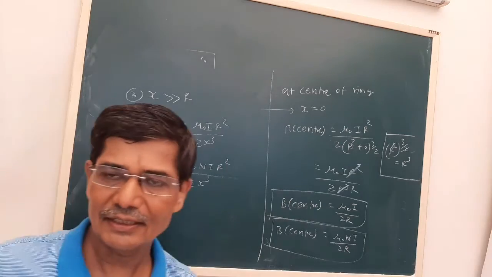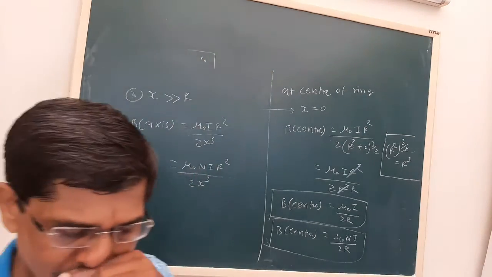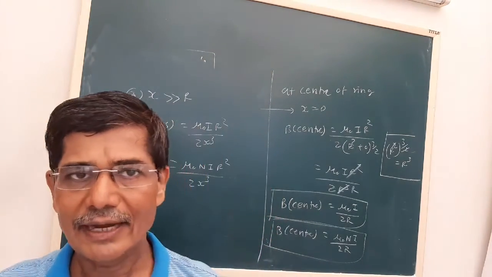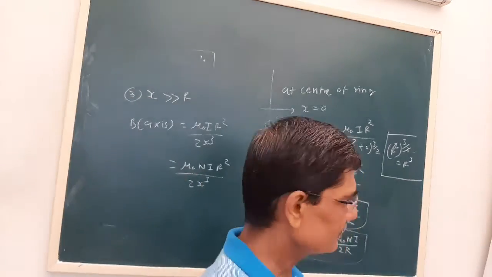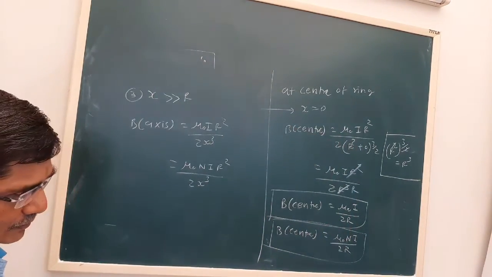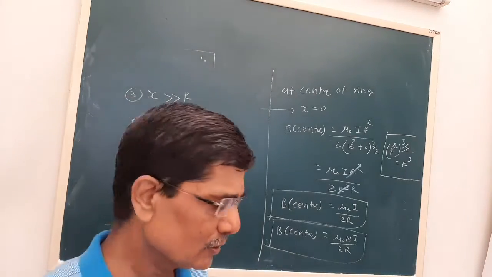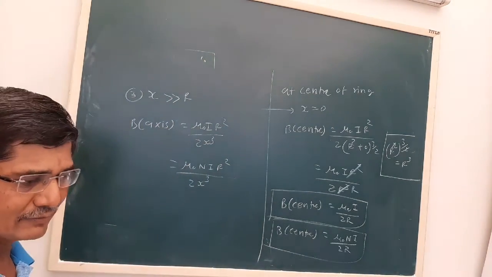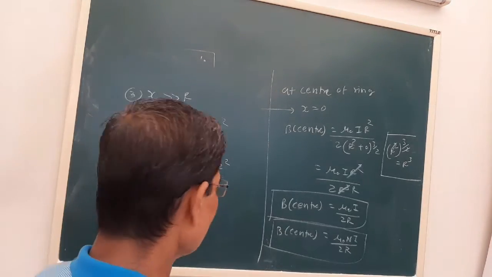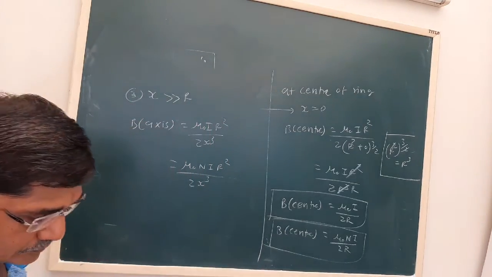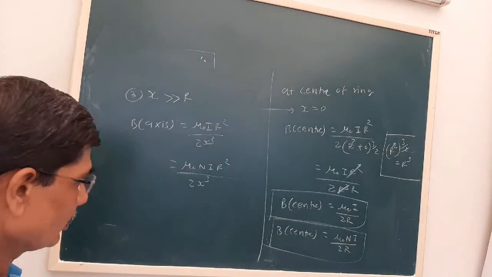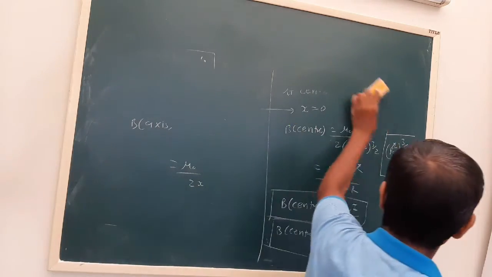So these are the set of equations for a coil with a circular ring, where n is 1, and we can write this for n number of turns. This is a very important question, which can be asked as a 2 mark or 3 mark question. This is the formula which we have derived for the magnetic field at any point on the axis of a circular ring, or at the center of the circle.